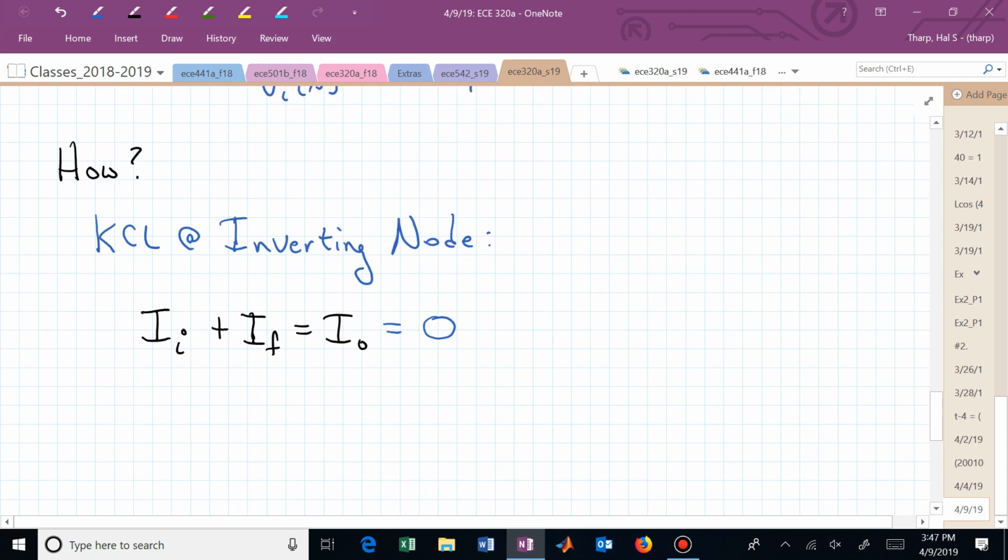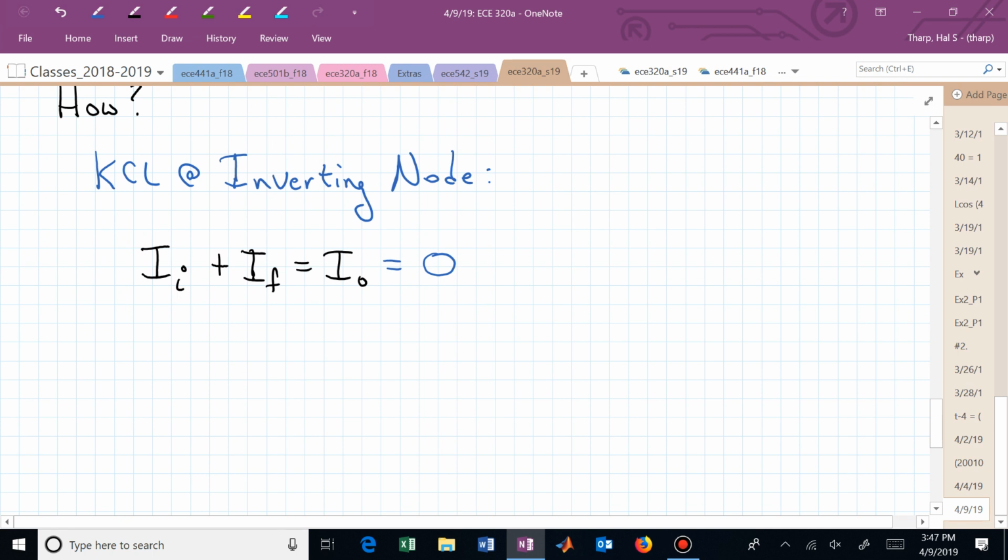We now know that this expression gives rise to V sub I over R1, that's V sub I, plus V sub 0 over R sub F, and that's equal to 0.